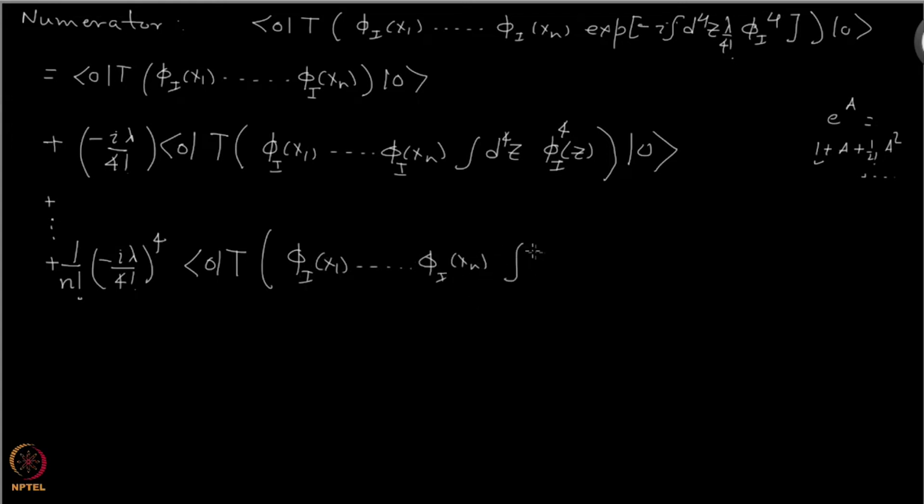Now I will have such terms repeated n times, so I write d^4z1, and to save some space I write d^4z, with integration limits of course from minus lambda to lambda, and then phi_I to the 4 at z1, and so on, up to phi_I to the 4 at zn, and the vacuum. It continues like this.